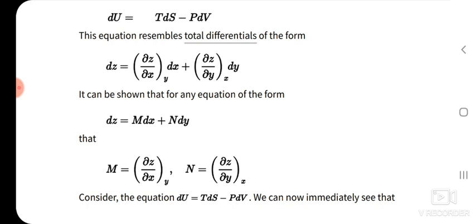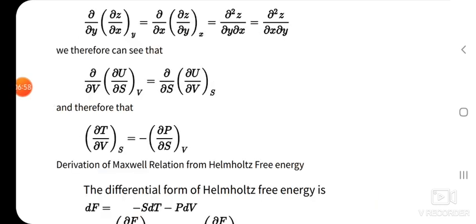Since we also know that for functions with continuous second derivatives, the mixed partial derivatives are identical, that is, symmetry of second derivatives, if we differentiate again, we get dou by dou y of dou z by dou x at constant y is equal to dou by dou x of dou z by dou y at constant x, which is equal to dou square z by dou y dou x, or dou square z by dou x dou y.